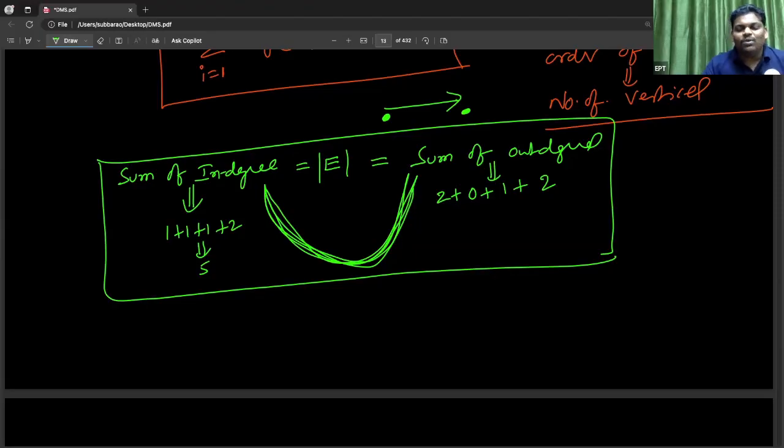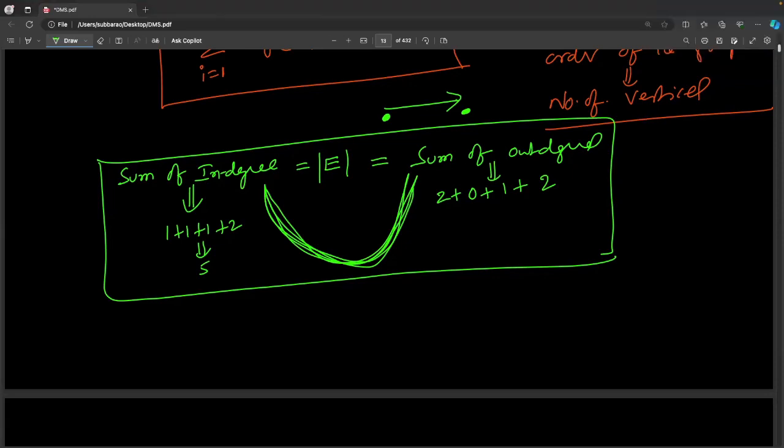Many times I said Telugu, no? It looks so strange to me. After a long time, I am listening to this kind of sentence.